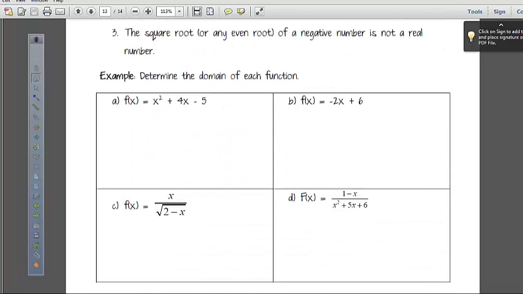So let's see if we can determine the domain. What type of function is this in general? We call it a polynomial, right? And so what kinds of things can we plug into polynomials? What kind of things can we not?